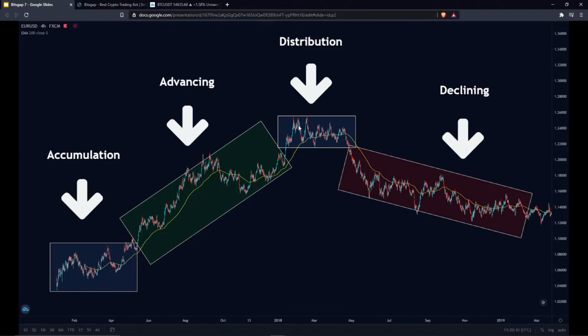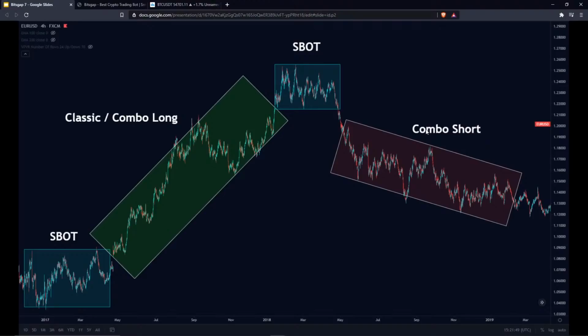Those who see the market contraction are no longer willing to open long positions, so they would rather switch to short selling the market, and that's why this puts a bigger pressure on the market. And as the price breaches the support line over here, we are entering the declining market phase. So here's the answer.